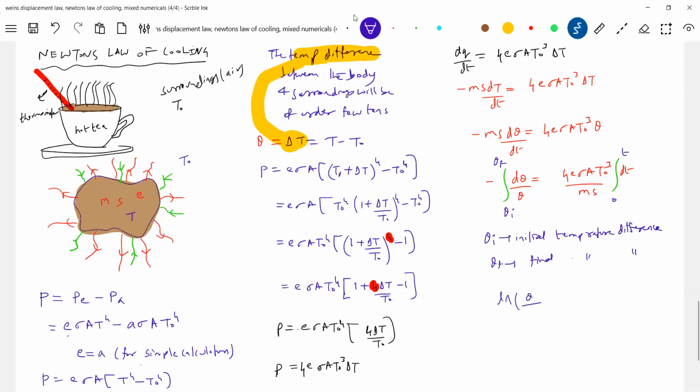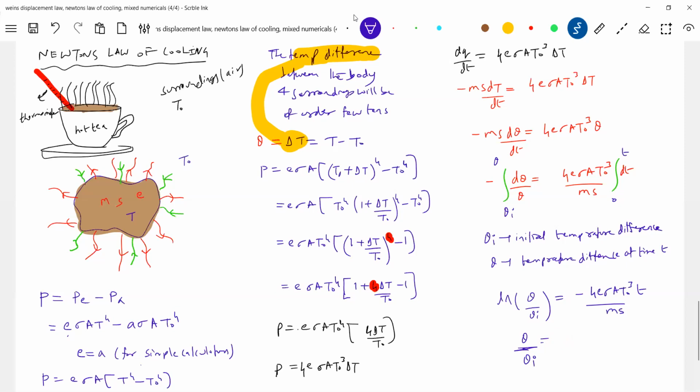So this will become log of theta F by theta I, and the negative sign I'll send here, so this will be 4 E sigma A by m s into t. Let's write theta F as the temperature difference at any time t, so that we can generalize more.